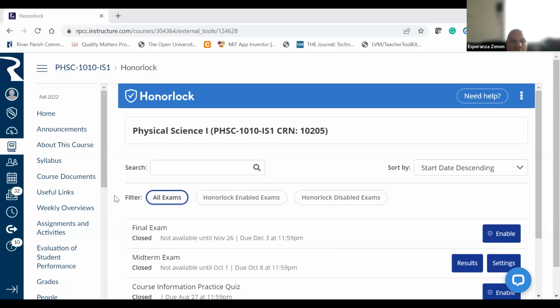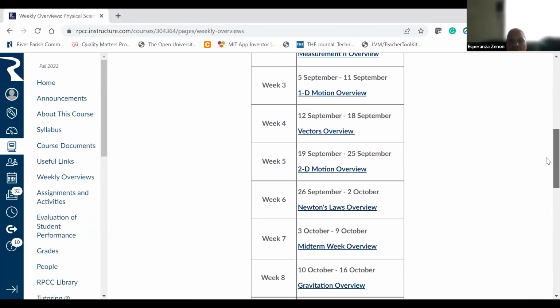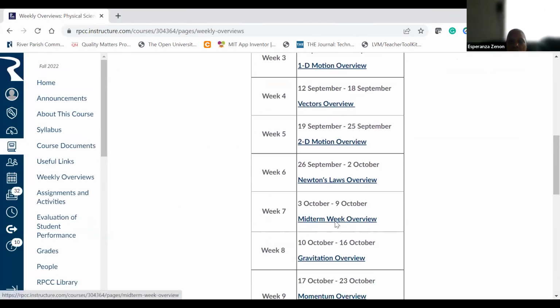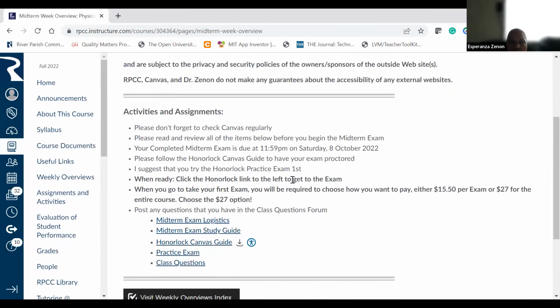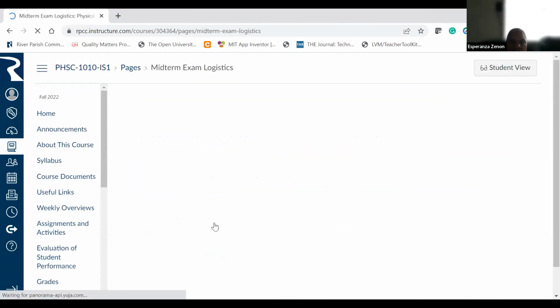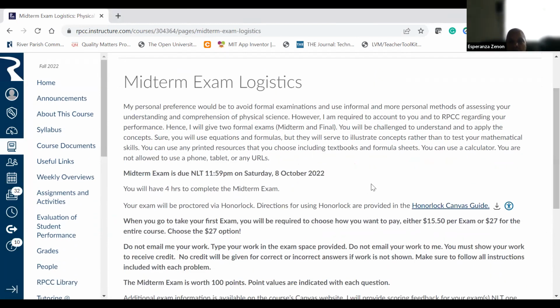From the weekly overviews, if you go into the midterm exam overview, it tells you the process and the information that you need to successfully take the midterm exam. If you click on the logistics link, it gives you all of the particulars of the midterm exam.